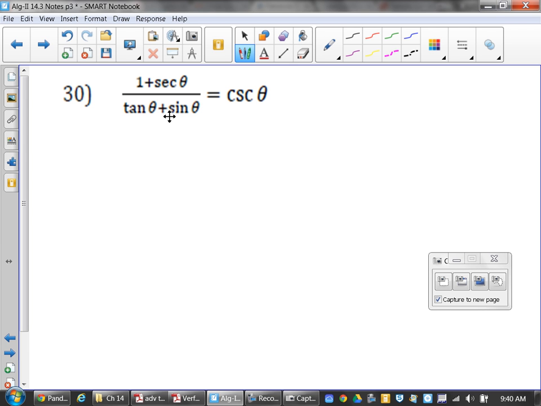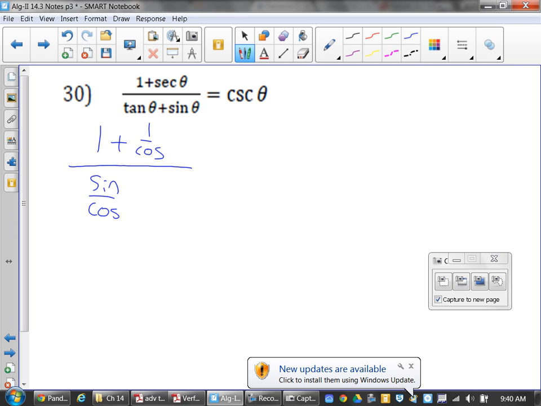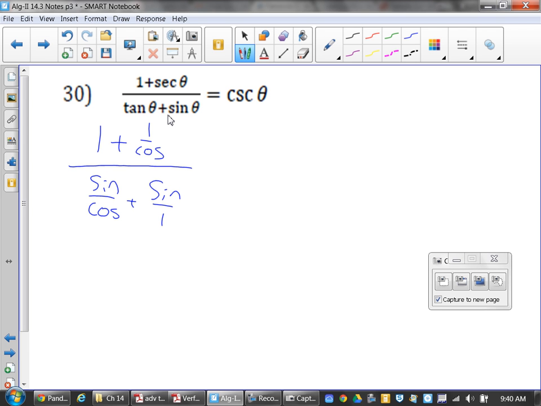All right, similar to what we did in 28, I think. Try and do the same idea with the complex fraction. So the numerator becomes 1 plus 1 over cosine, over sine over cosine plus sine over 1. Okay? Yes, Kate? If you wanted to, could you split that up, like cotangent was secant over secant?